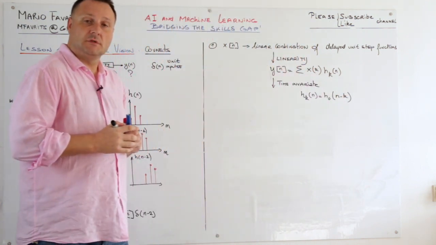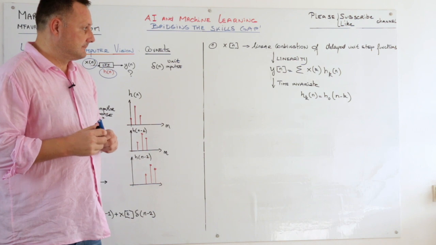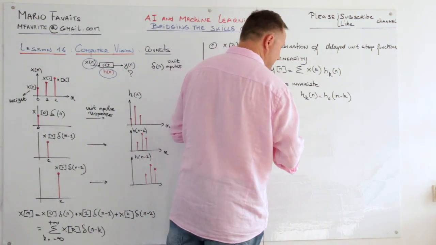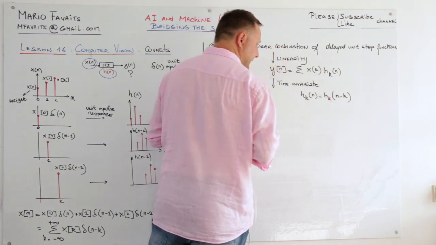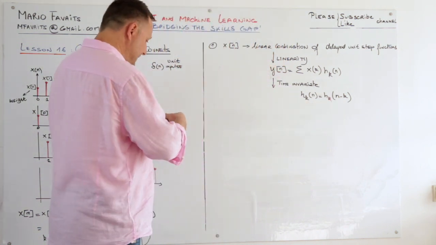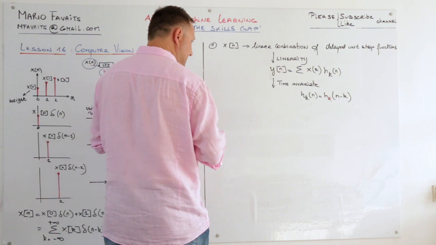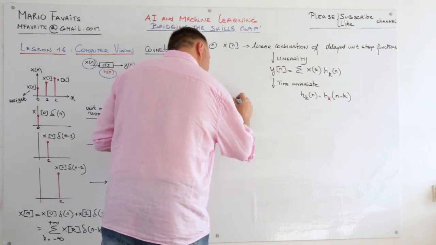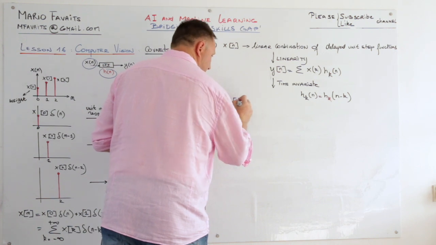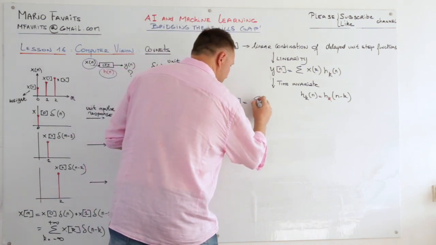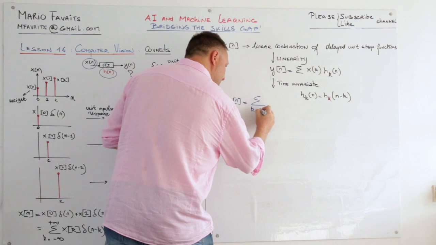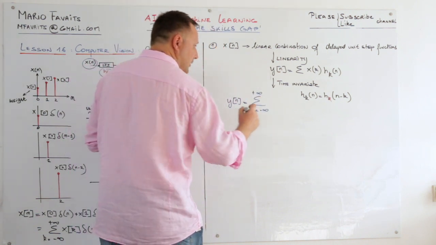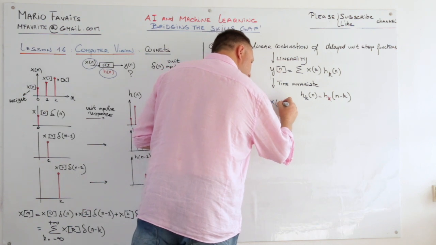So now we're going to drop this 0. What we get in the end is that the output of my LTI system equals the sum, k equals minus infinity to plus infinity, of x of k.